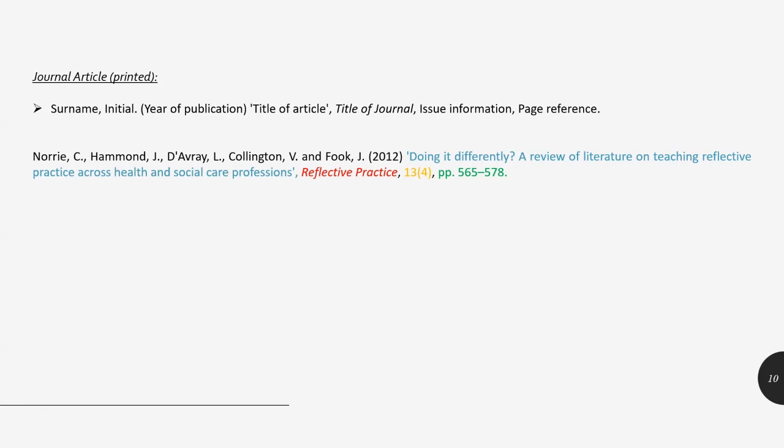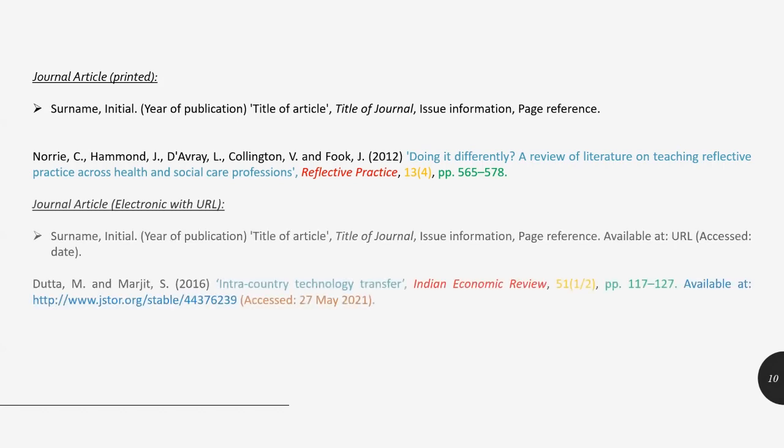It is important for you to have your page reference so that the reader knows where you got your information. So specifically, which pages did you use to get your research or information? All right. So this example was for a printed journal article. What about an article you have found online?